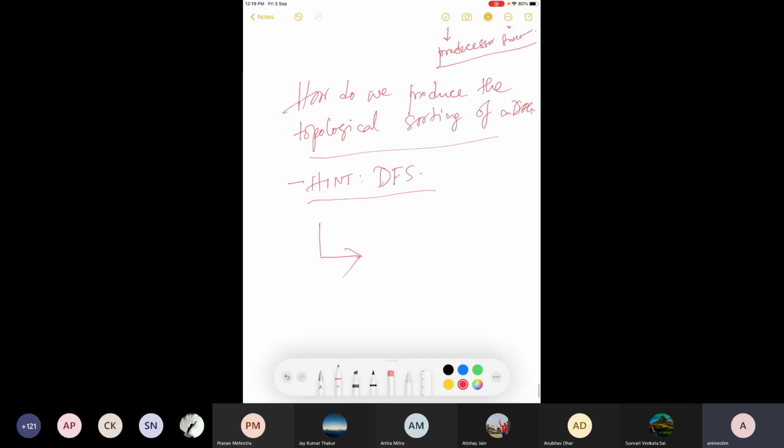Exactly. So what you do is you sort it according to the post order of the vertices. Sir, and reverse it. Yes.